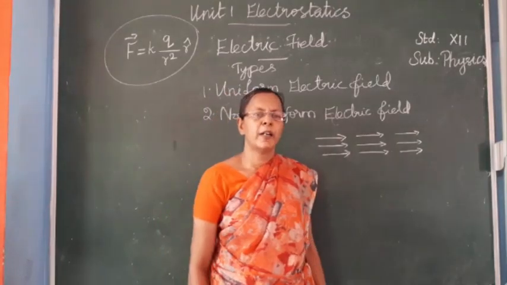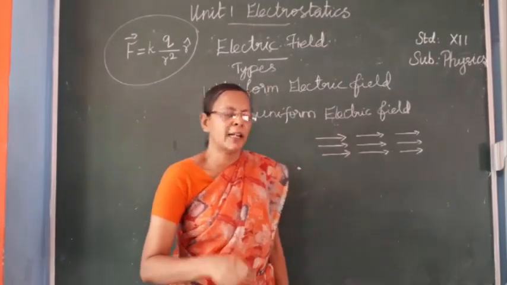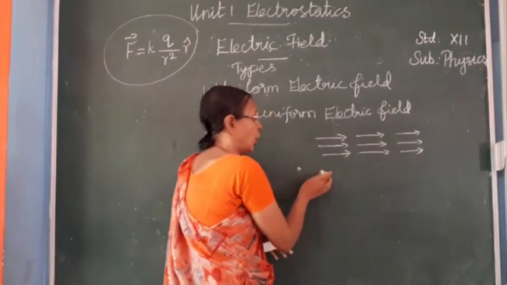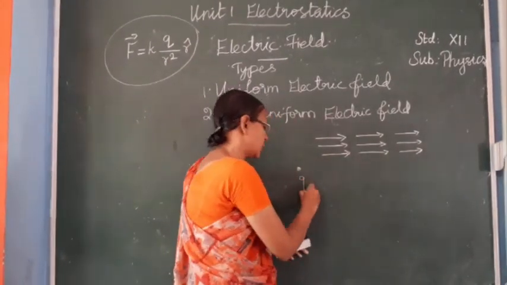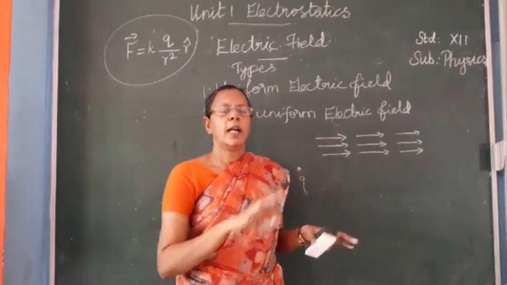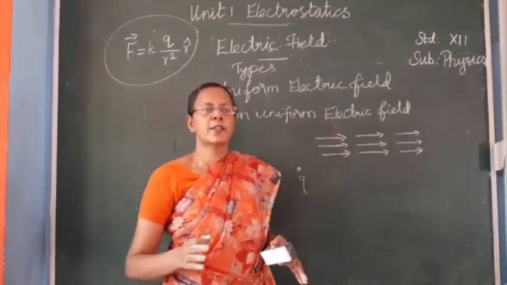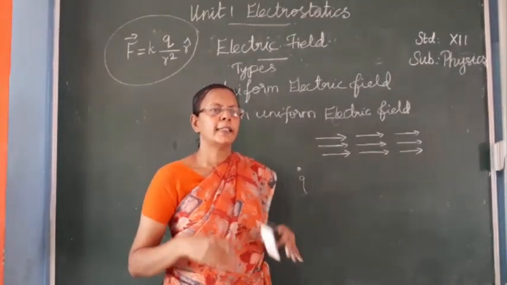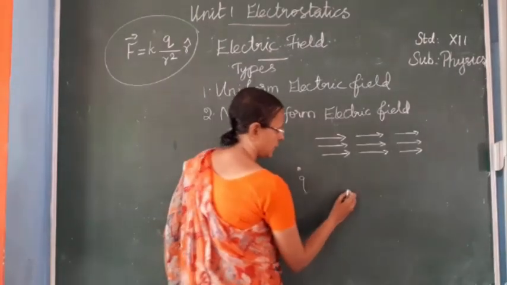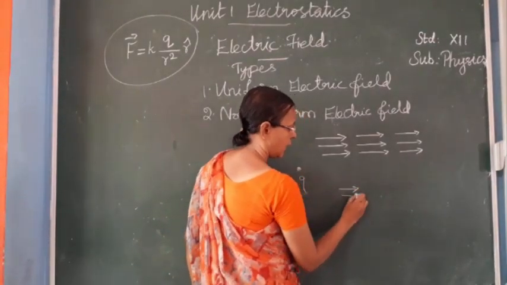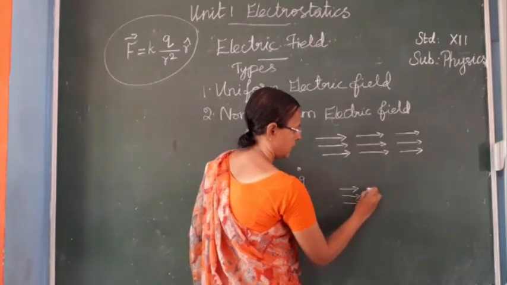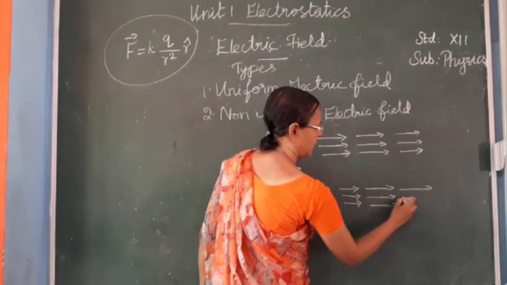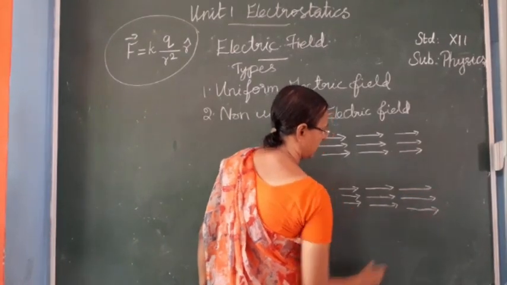But if we consider a non-uniform electric field, the magnitude in the space around a charge, at various points, is different, and the direction is also different. So you see here, how can we denote this? Some arrows are longer, like this, which shows the magnitude is different. And in some cases the direction is also different, like this.